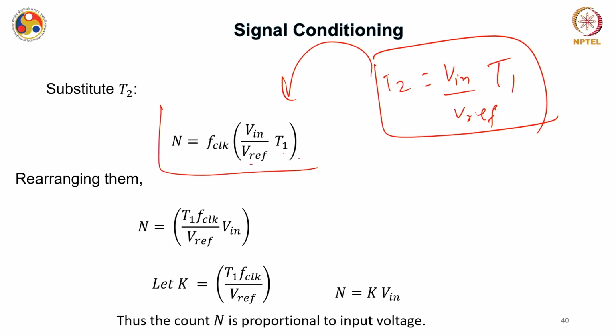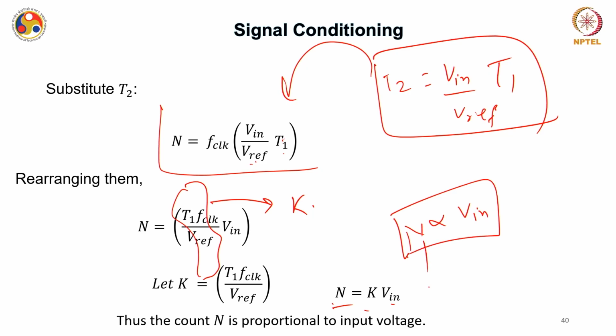Now, rearranging these values, I have n equal to T1 f clock by V reference into V in. Now, let me take this T1 f clock and V reference together as a constant, k. In that case, n is equal to k into V in, or I can say that n is proportional to the input voltage. So, the digital count is actually proportional to the input voltage, and we have seen how the analog to digital conversion is happening.